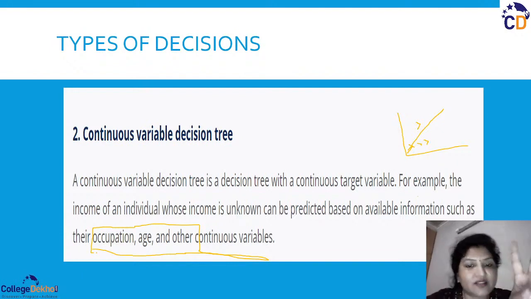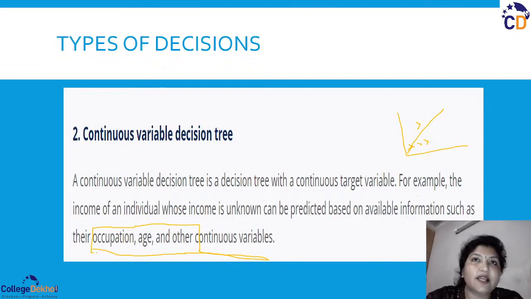So there are two things. Taking the decision tree example, one question is: after 5 years, how much will my salary increase?